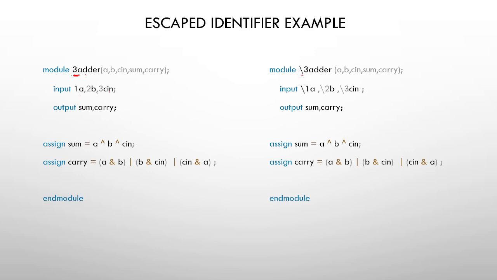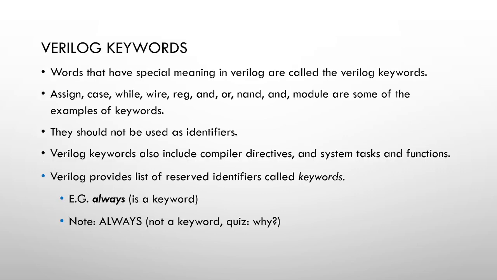You should give a backslash at the start of the identifier name, and leave some white space. This is the syntax for an escaped identifier. When you use an escaped identifier, you can break the rules that are set for identifiers. So this is about escaped identifiers.